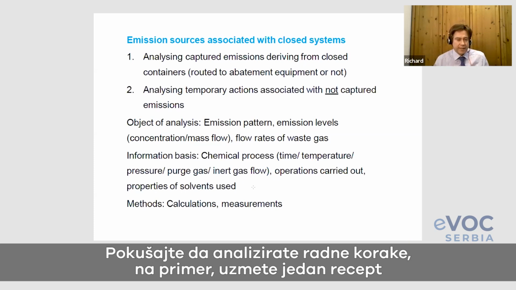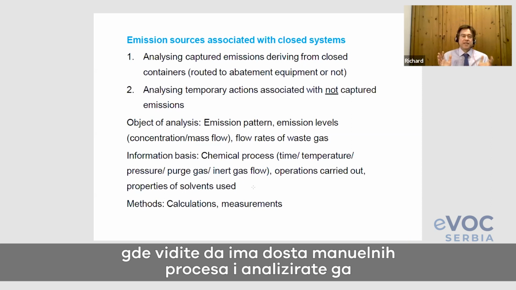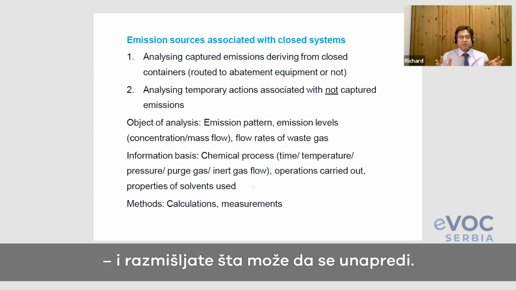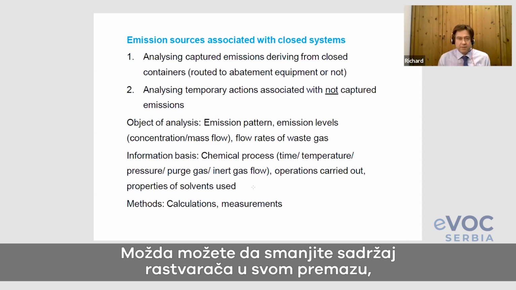For example, you take one recipe where you see a lot of things are done manually. And then you analyze that process and you think, what can we improve? Maybe you can reduce, for example, the solvent content in your coating.